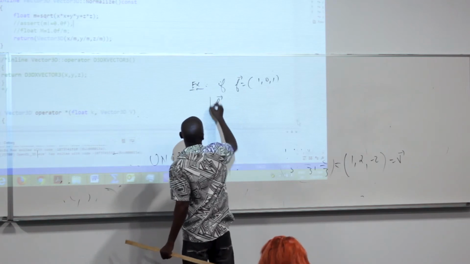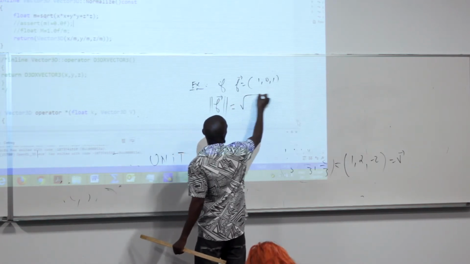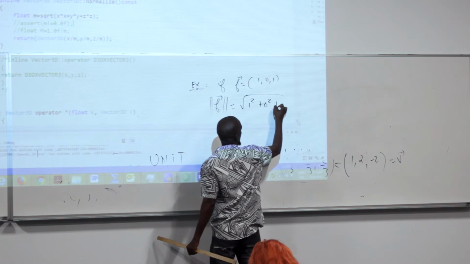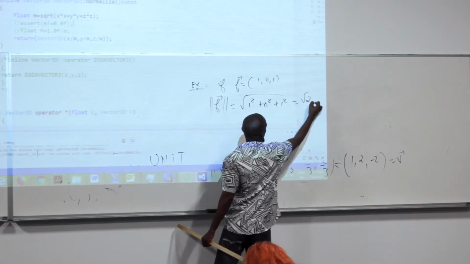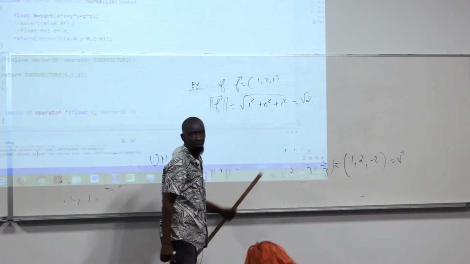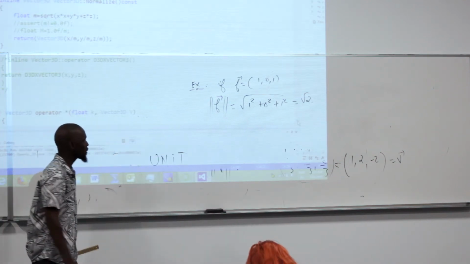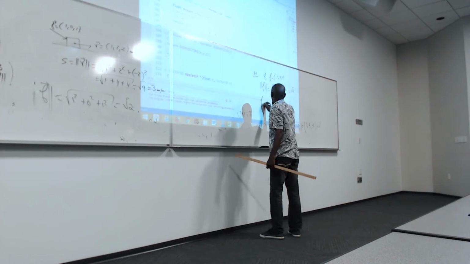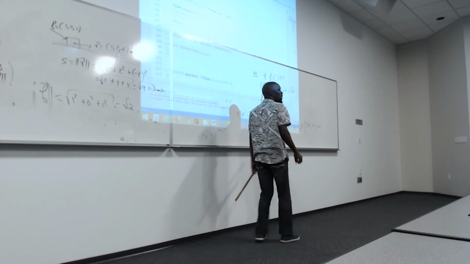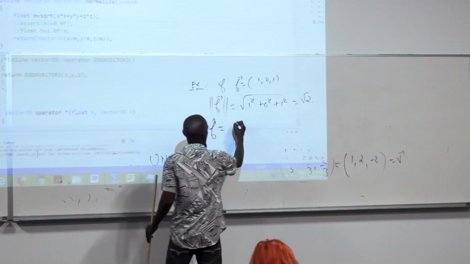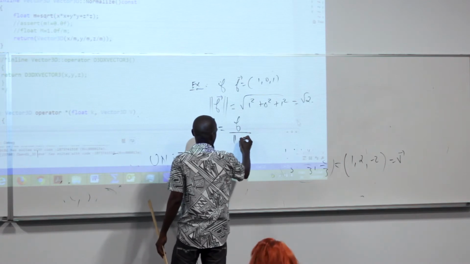I need the magnitude of this force, which is the square root of 1 squared plus 0 squared plus 1 squared, that is the square root of 2, 1 plus 1. This square root of 2 is not 0. Therefore, the direction of application of this force, called F hat, is F divided by its magnitude.